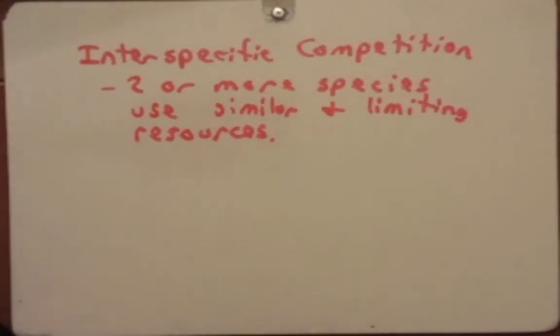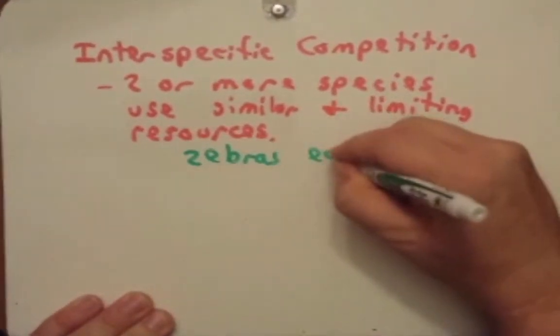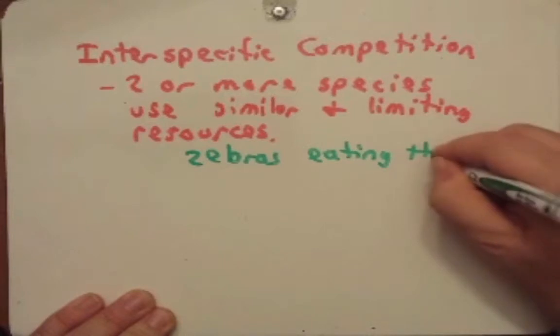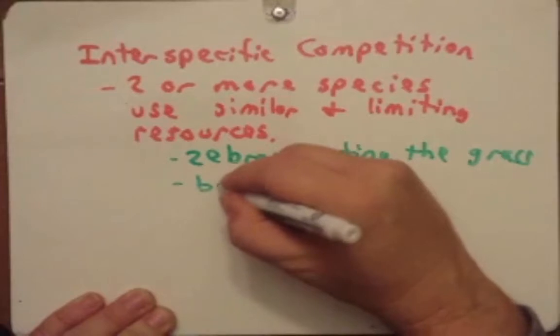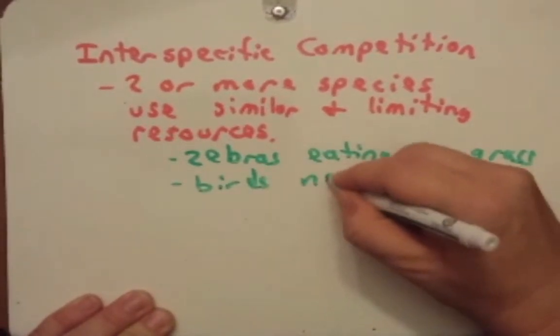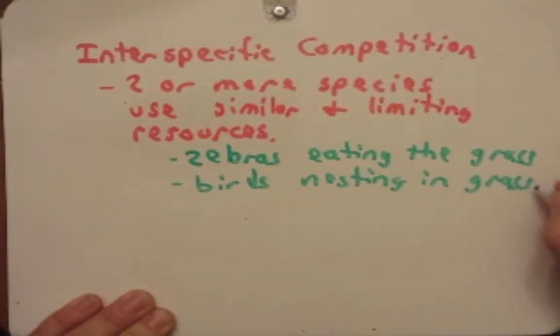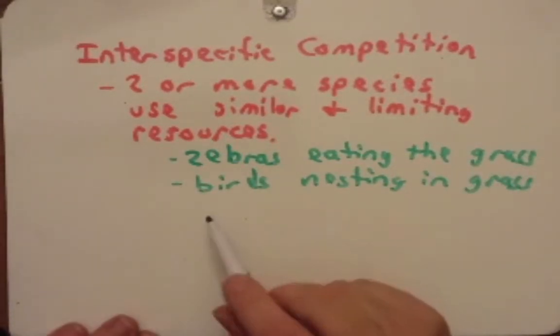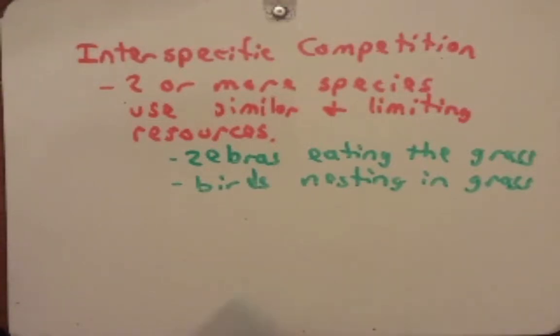So going back to our previous example, we had the zebras eating the grass. We had the birds nesting in the grass. You might also find other small rodents, mammals nesting in the grass. You'll find other animals eating the grass. So multiple species using this same resource, so they're competing for this same resource.